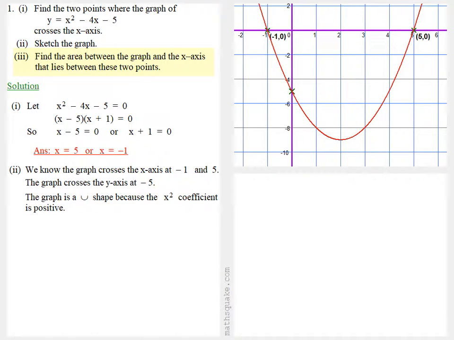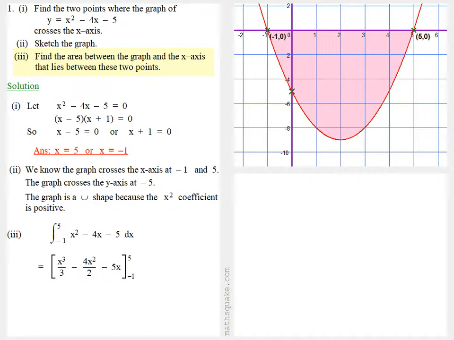Now in part 3, we're asked to find the area between the graph and the x-axis that lies between these 2 points. Well, the first thing we notice is that the entire graph lies below the x-axis, so we only have to do one integration. We integrate x squared minus 4x minus 5 between -1 and 5.